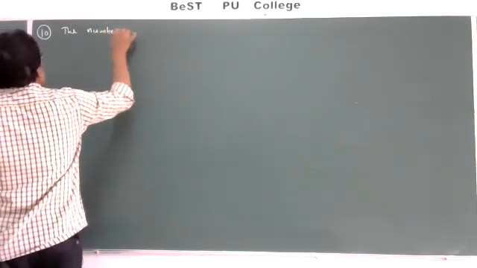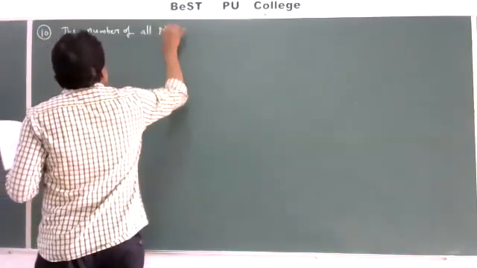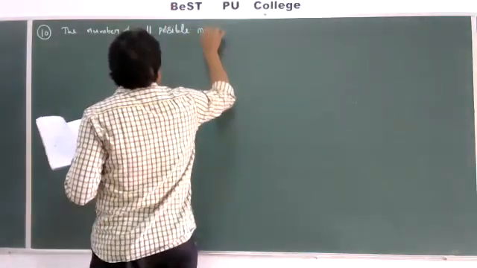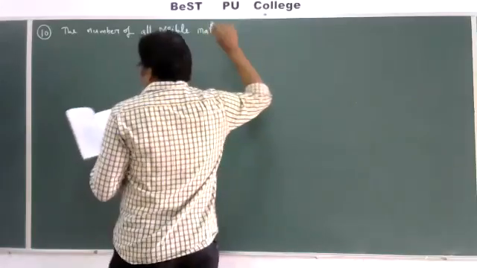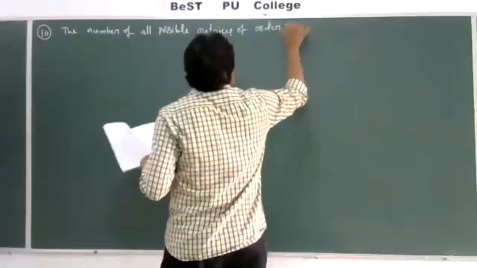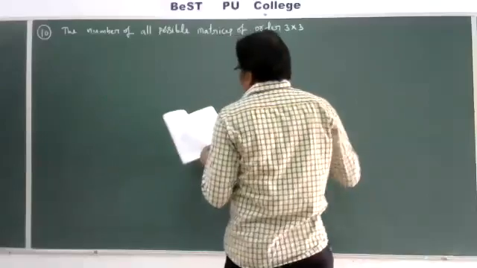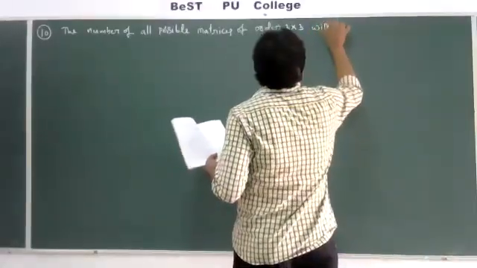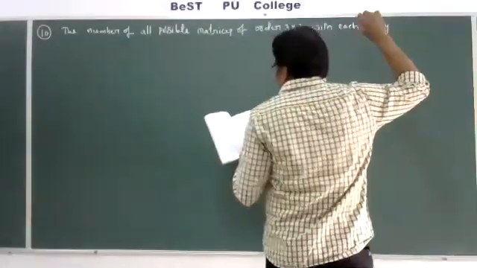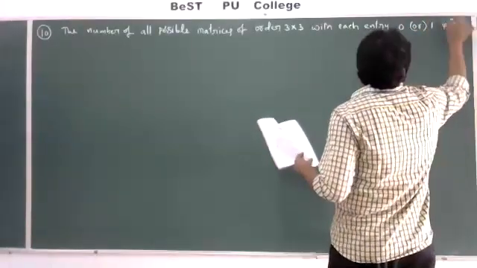The number of all possible matrices of order 3 by 3 with each entry 0 or 1 is.